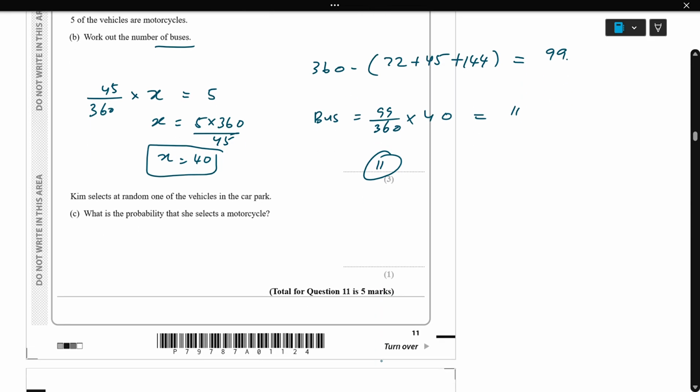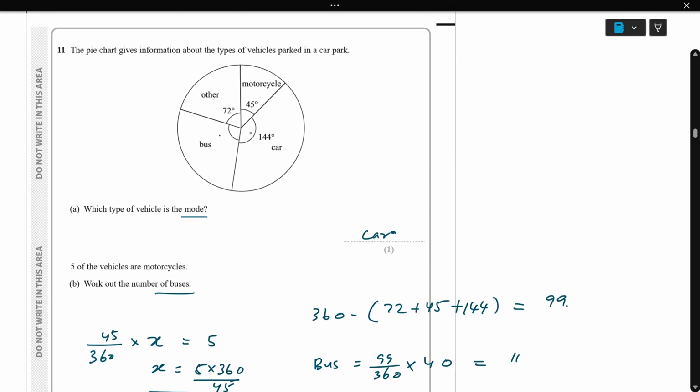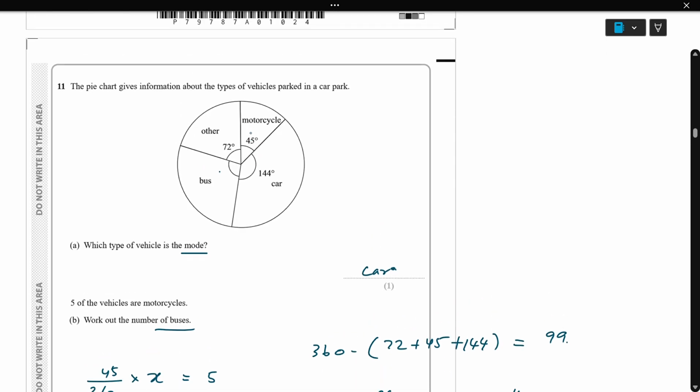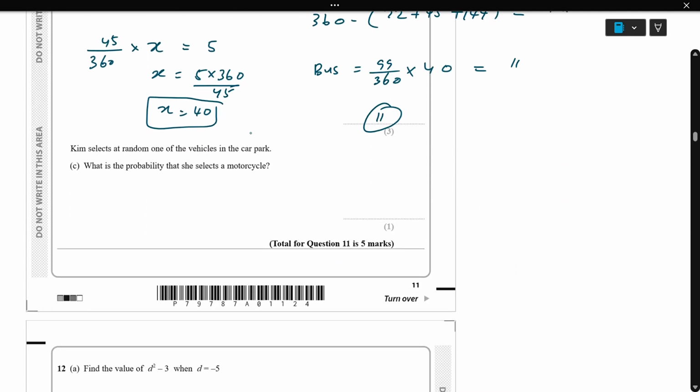Next, Kim selects a random vehicle in the car park. What is the probability that the selected one is a motorcycle? Motorcycle is going to be 45, so we go for 45 over 360.